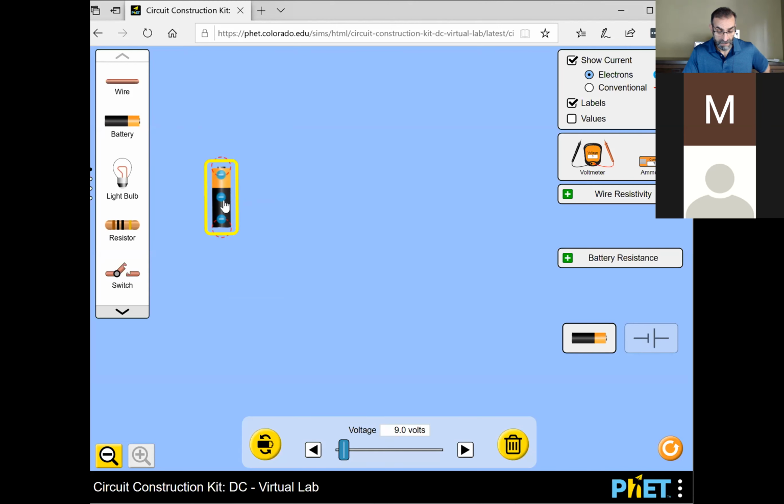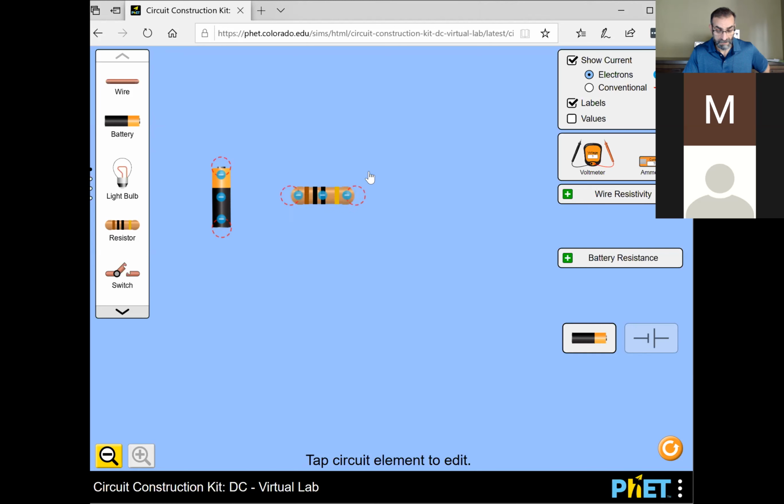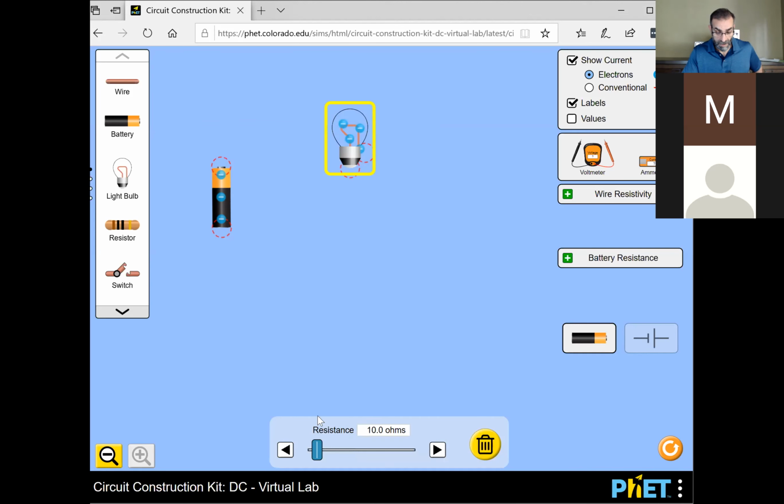Oops. Let's make it 6 volts. We had 2 light bulbs. Well, I guess they were light bulbs, weren't they? I don't think I'll be able to make that. Oh, maybe. What did I want it to be?